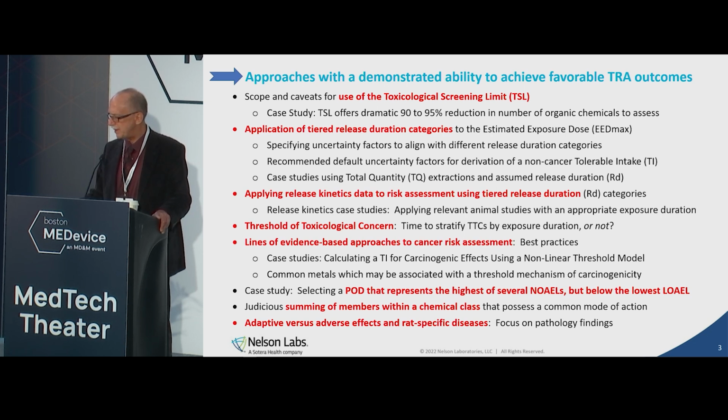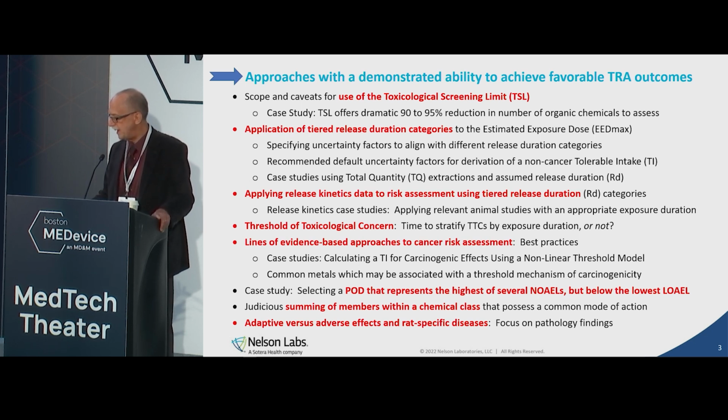In addition, the threshold of toxicological concern has remained largely unchanged, but some indications seem that it's time to stratify the TTCs by the exposure duration, and I'm going to talk about that experience. Next thing, lines of evidence-based approaches, which is stated in the standard for cancer risk assessment, and I have some case studies of that and discussion of some common metals that under some conditions could be associated with threshold mechanism of carcinogenicity.